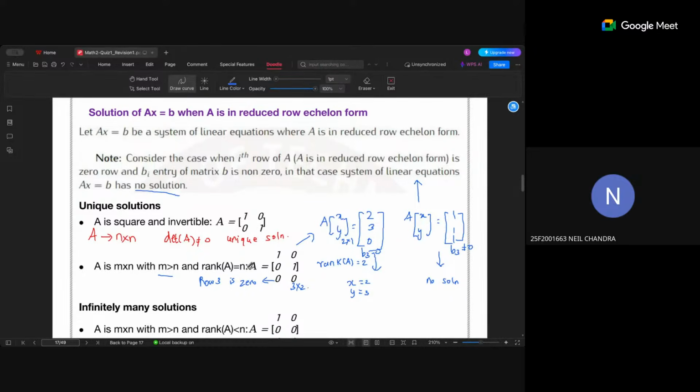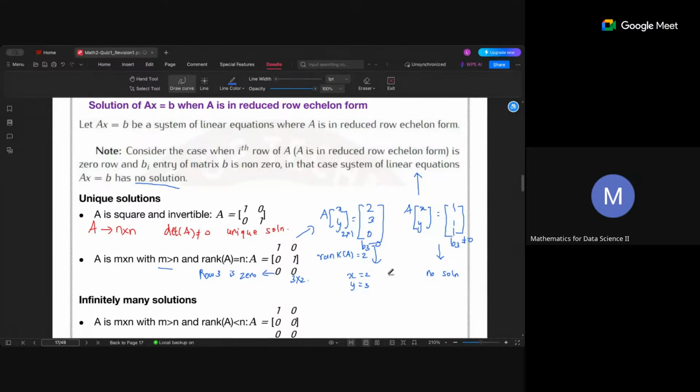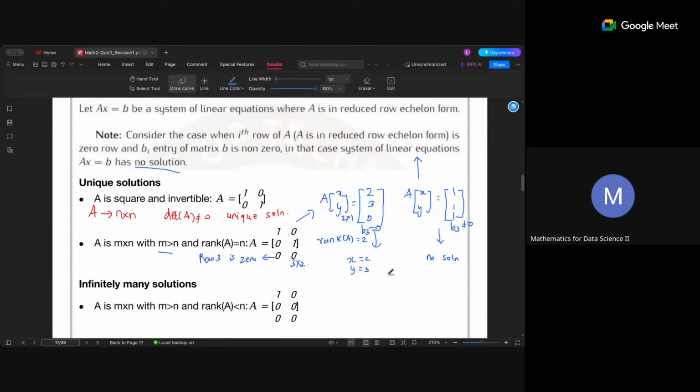And given those conditions, if we find that rank of A is less than the n columns, then infinite solution. Is it like that? Yes, here infinitely many solutions. Here I have not yet come to that part. Hold on. Only when rank of A is equal to n, I know that there is a unique solution. So the next part, hold on, we'll discuss.